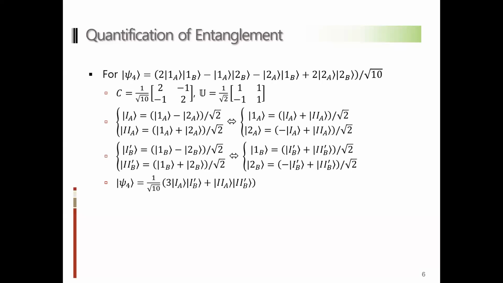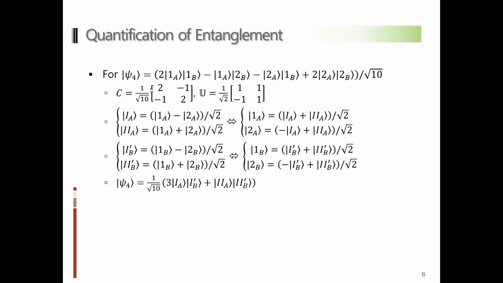So I can summarize what I have been doing in this way. We started with some arbitrary looking quantum state, and then we intentionally wrote down, from all these coefficients, a new matrix.